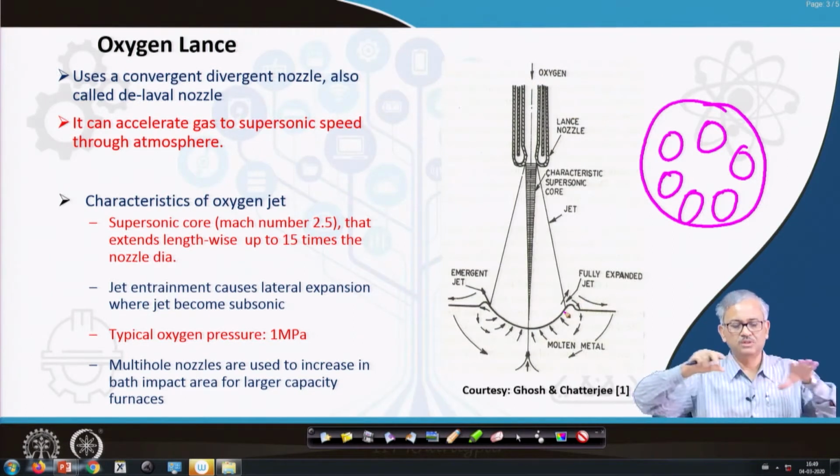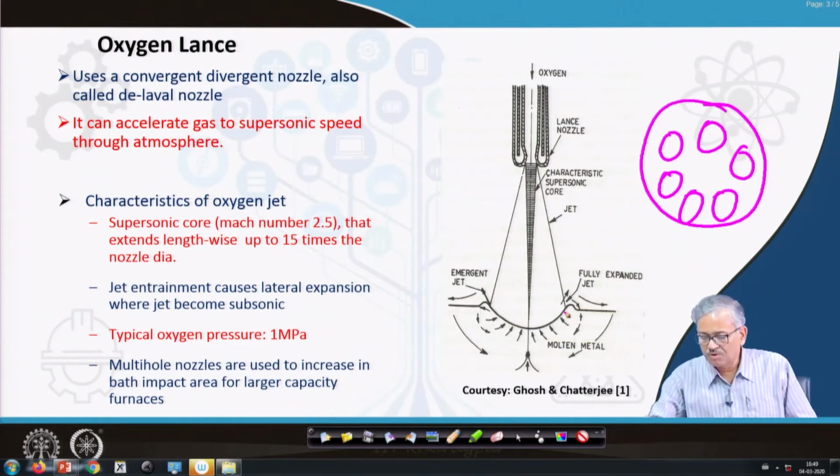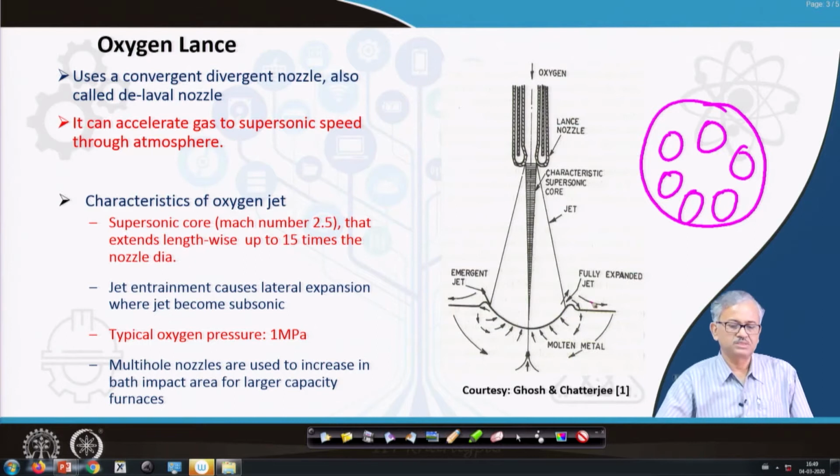If you have 6 nozzles, it will have more impact area of the bath, and that is required for a big capacity furnace. In the lance, you have a single lance, but not one nozzle; you have a multi-nozzle system, such that the impact of the oxygen jet with the steel bath is maximized.